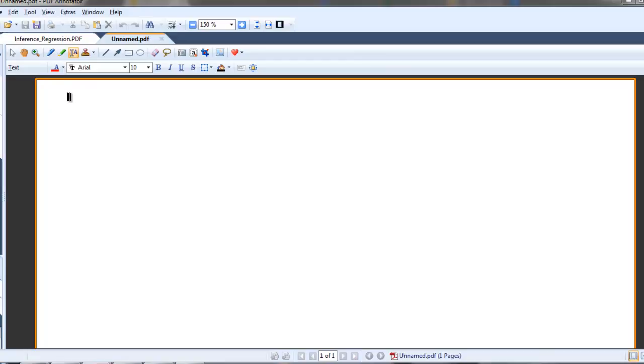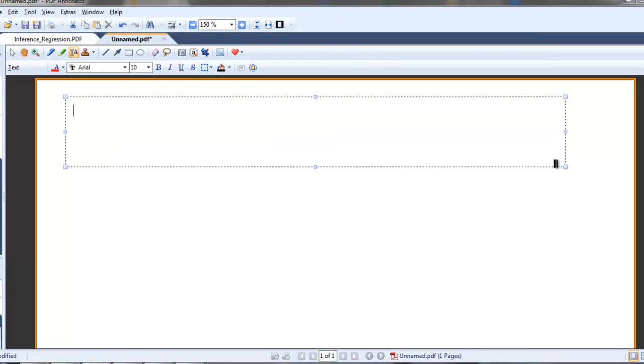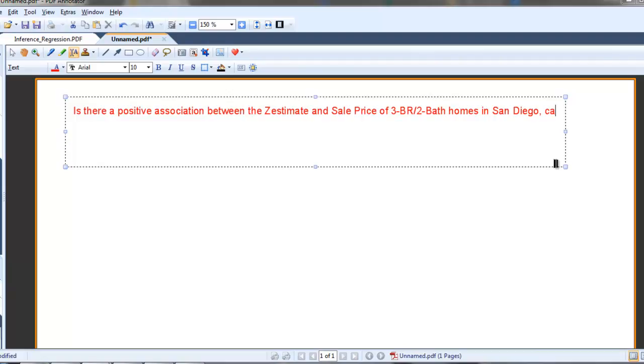We're basically asking this question here: Is there a positive association between the Zestimate and sale price of 3-bedroom, 2-bath homes in San Diego, California?